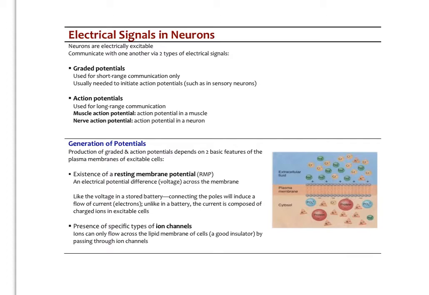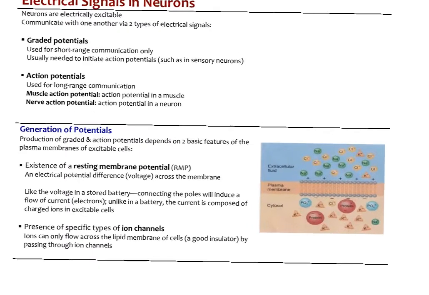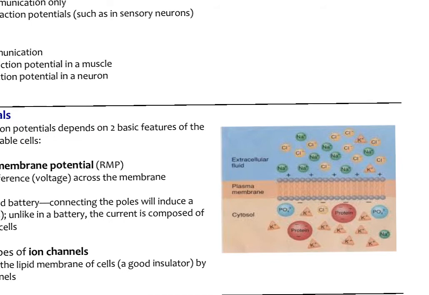So if you look at this diagram here to the right, you see a cell membrane, a plasma membrane. And here's the cytosol, the inside of the cell, and here's the extracellular fluid. Well, cells are able to create a partition between the proteins which are inside the cell, very highly negatively charged, and then potassium, which tends to accumulate inside the cell.